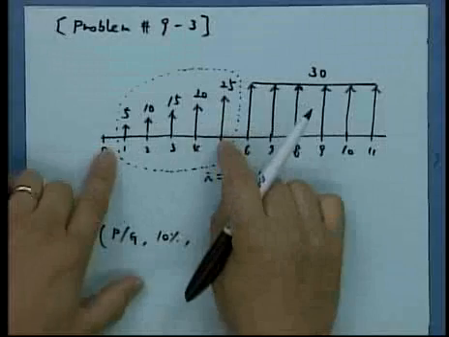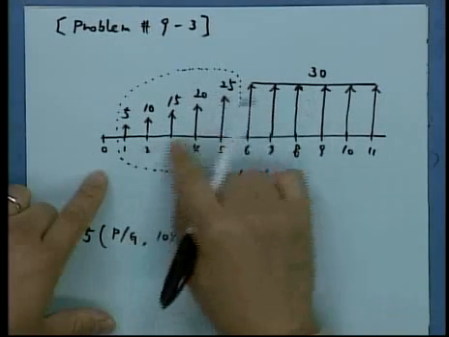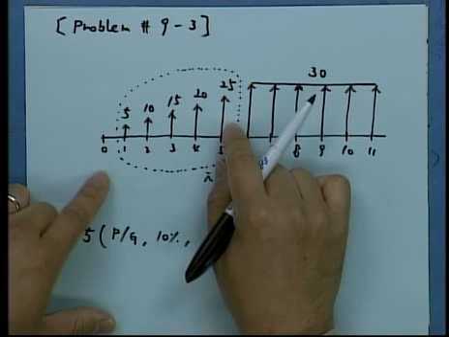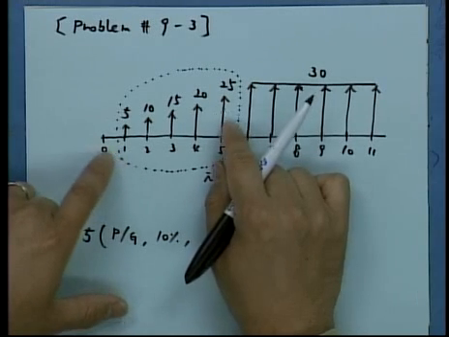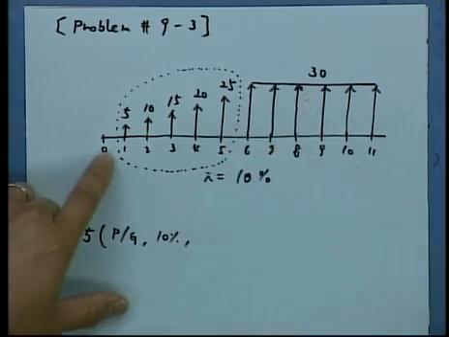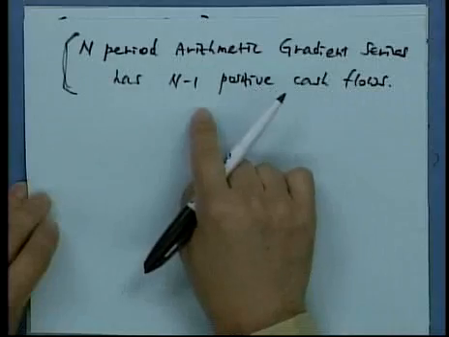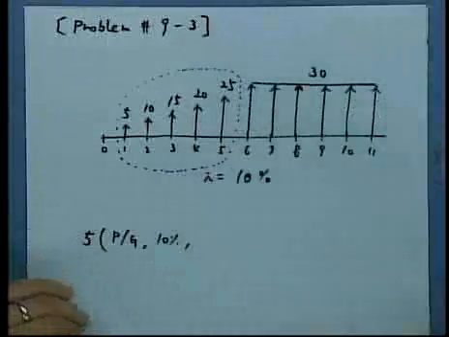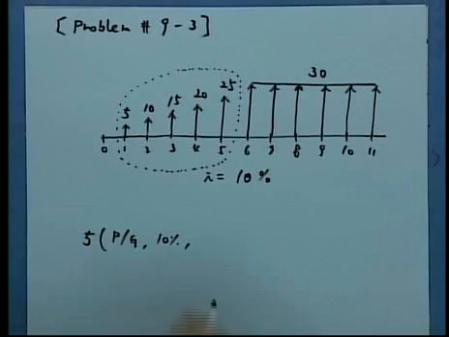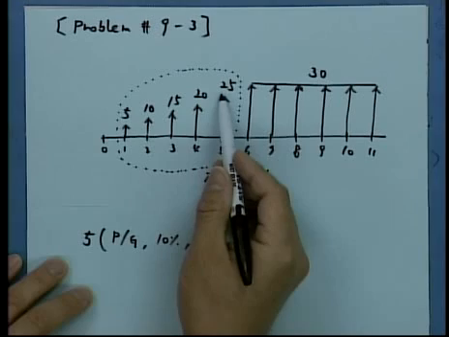Here, for the first 5 periods, the period by period change amount is $5, which means we can implement an arithmetic gradient series here. But the n period arithmetic gradient series has n-1 positive cash flows. But here we have 1, 2, 3, 4, 5 positive cash flows.